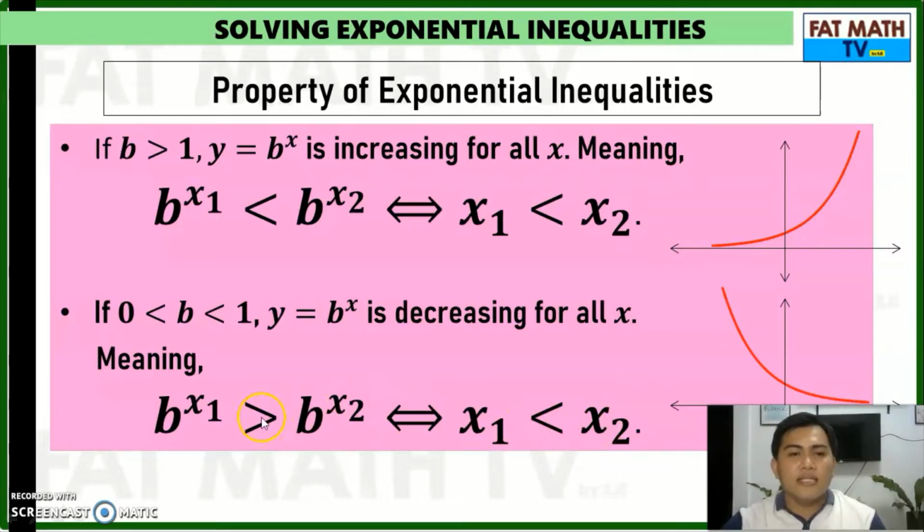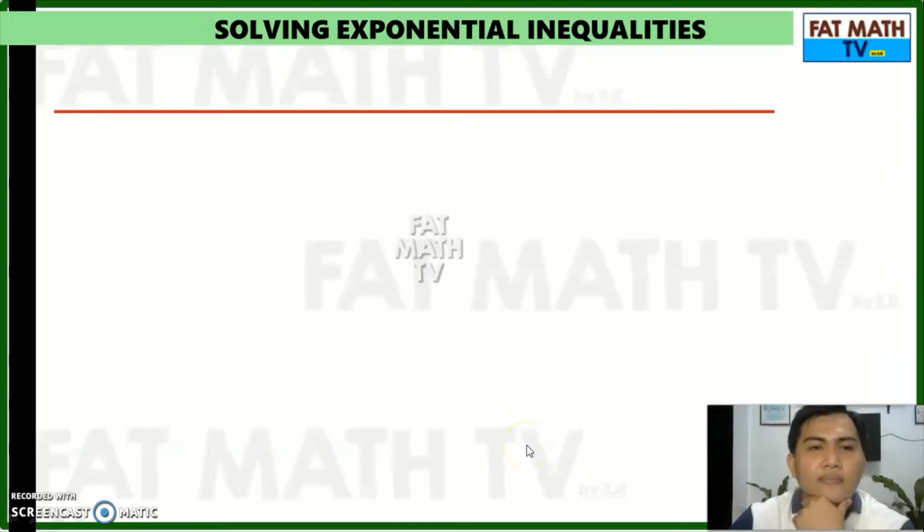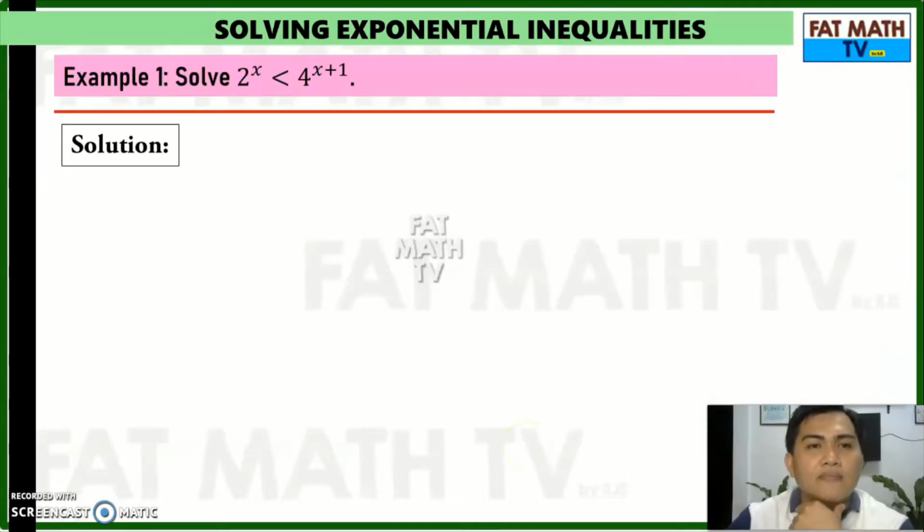Because it's decreasing, a greater y value gives you a smaller exponent, smaller x. So please take note of the change in the inequality symbol here. If it's greater, it becomes less, and if it's less, it becomes greater. Okay, let's have an example.